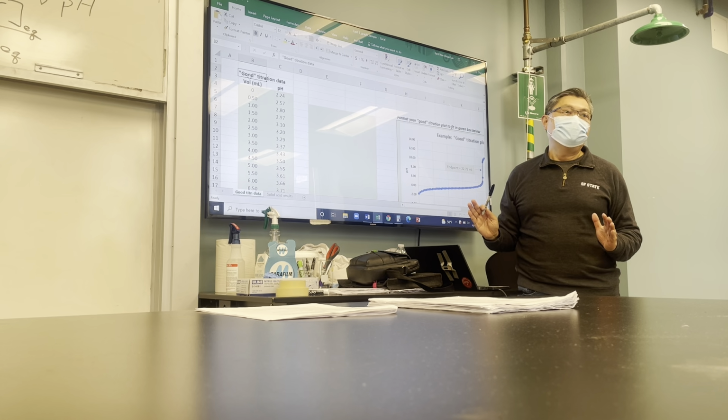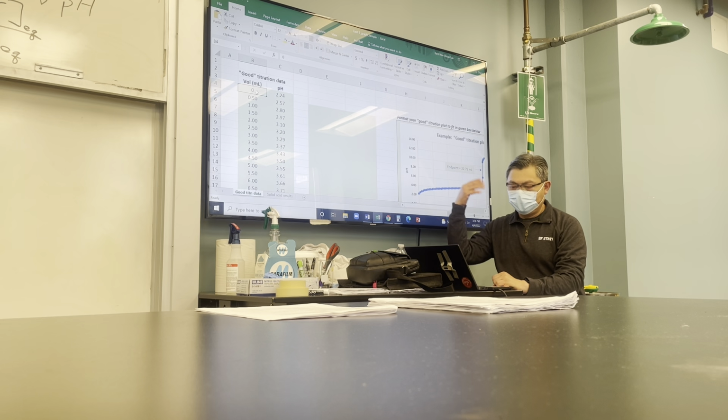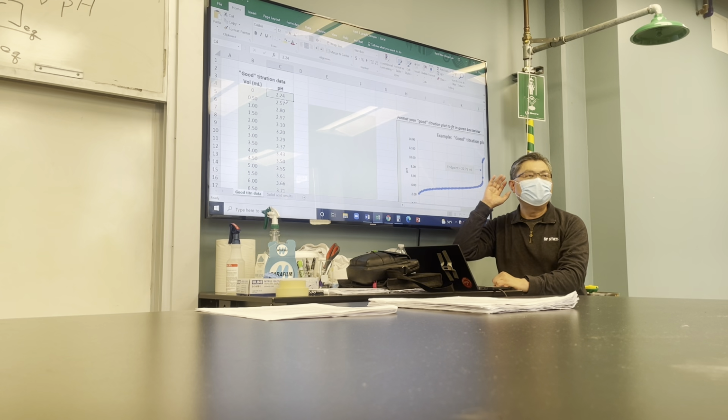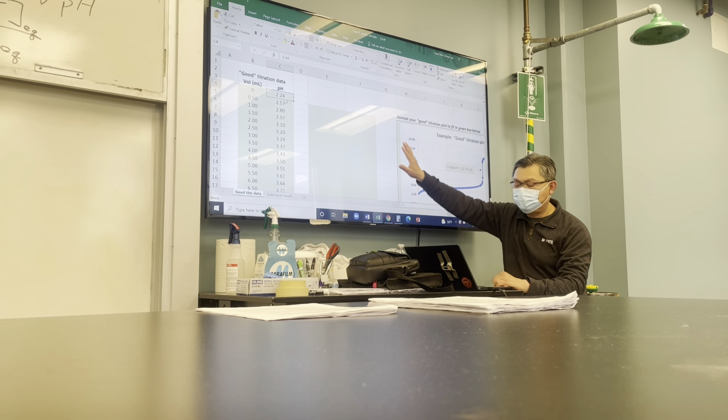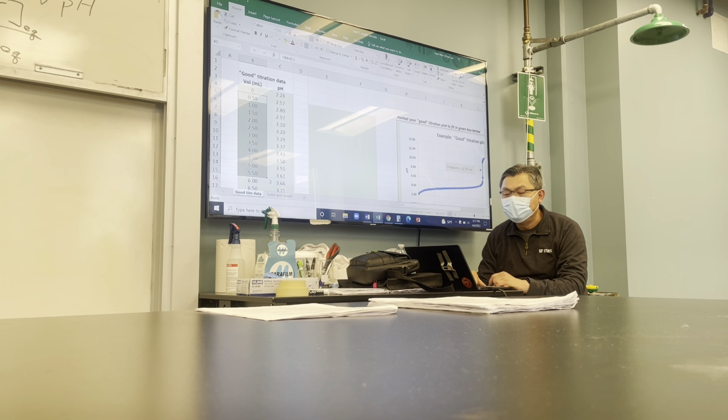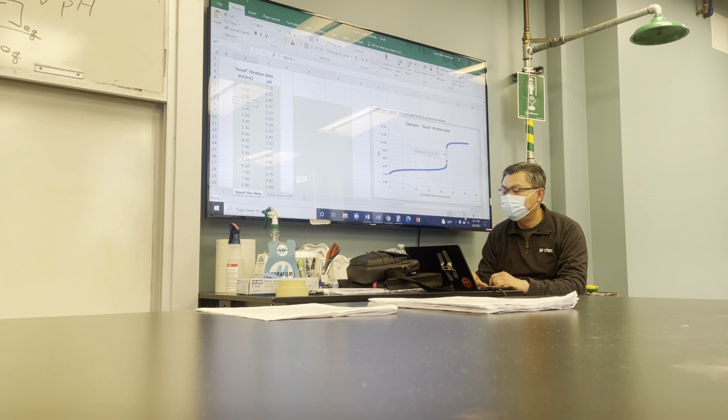However, you may enter your volume in here. So at your 0 volume, that means you didn't do any addition of sodium hydroxide, whatever your pH may be. This is an example. And I don't want to keep on saying it, all right, everyone. So then you enter all your volumes accordingly and your pH accordingly. And the graph will pop up.